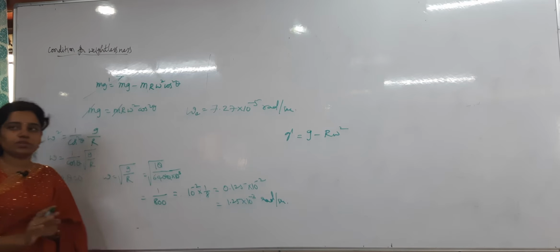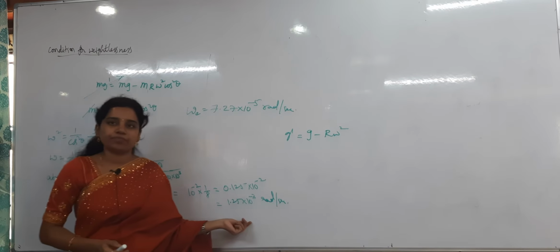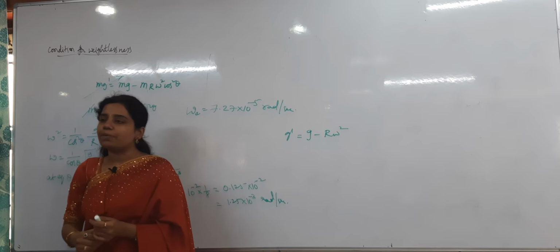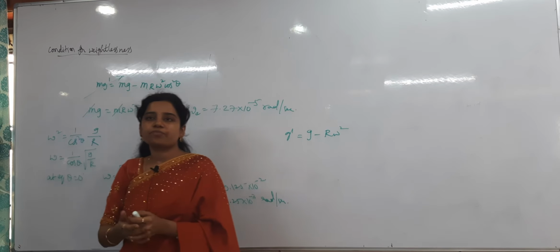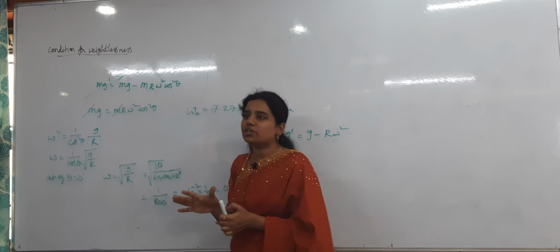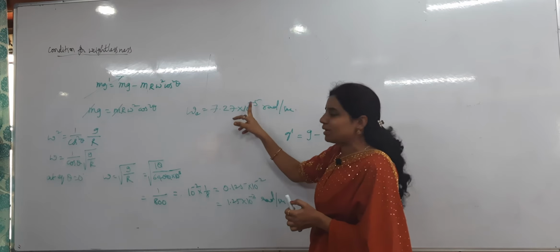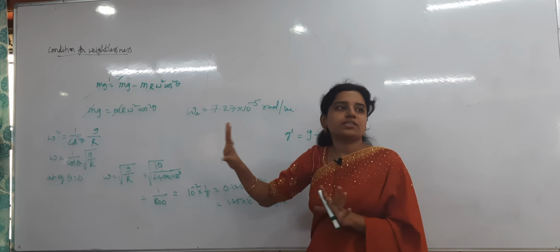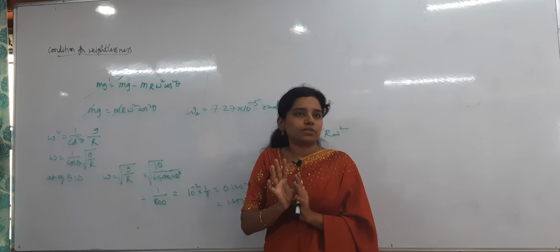For example, if in case the earth is rotating at this speed, then what happens? Nothing but the person standing at the equator will fly off into the space. You understand the concept, right? So the present value is how much? The general value of the angular velocity is 7.27 into 10 power minus 5. Then nothing is happening. Everything is going happily and everybody is standing on the earth only.